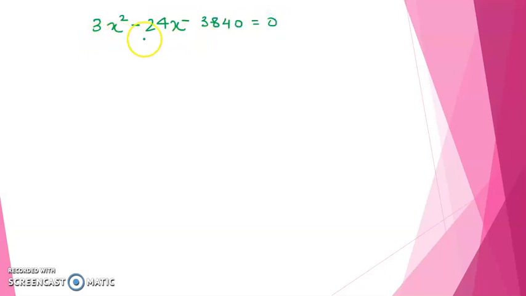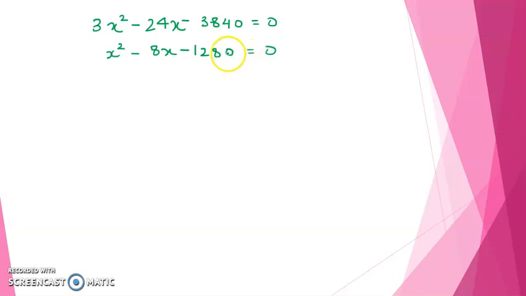Now if you see this equation carefully, it can be divided by 3, so the calculation will be easy for us. If I divide the whole equation by 3, this will be x square, 3 eights are 24, so minus 8x, and 3 ones are 3, 3 twos are 6, so 2 is left, 3 eights are 24, 3 zeros are 0, so minus 1280.